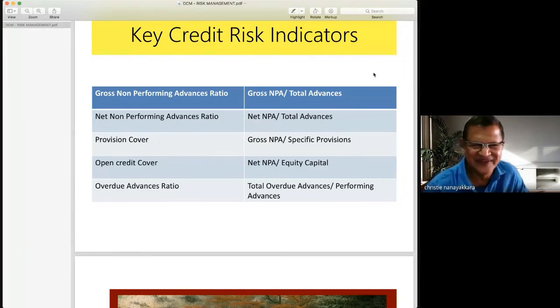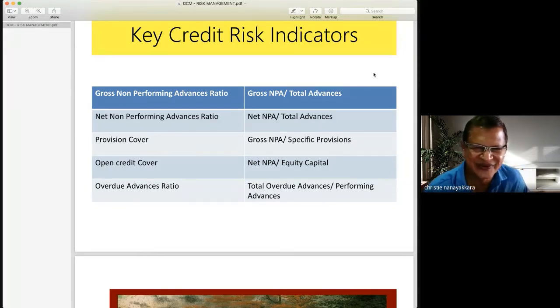Now, I invite you to check your bank's last year's annual report, or if you can access the banks' financial statements, they have to disclose this particular ratio even to the public nowadays, because this is the ratio which will judge the quality of the advances you have given to customers.